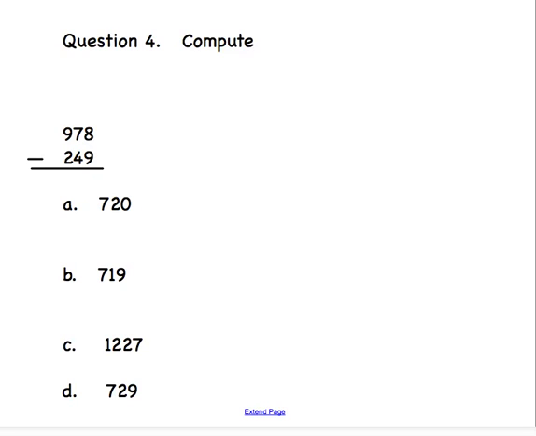And question 4. Again, please write the problem in your journal showing your work so that your teacher can see how you're figuring out 978 minus 249. You will get 720, 719, 1,227, or D, 729.